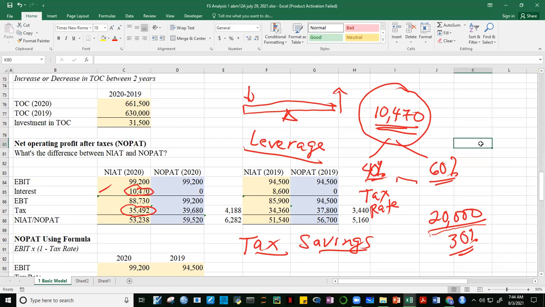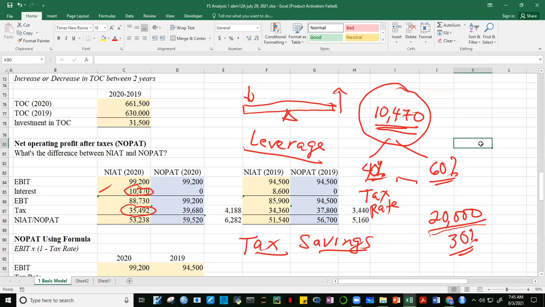Kung maganda yung project na yan, tapos the return of the project is greater than the weighted average cost of capital, then it makes sense to borrow to finance the project, no? And this is where leveraging comes into play. Kasi pag nangutang, guys, di ba may interest yan, and it lowers the taxable income. Okay?